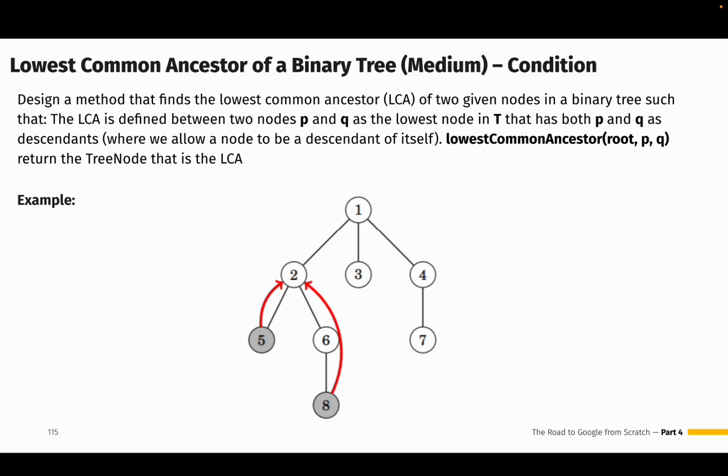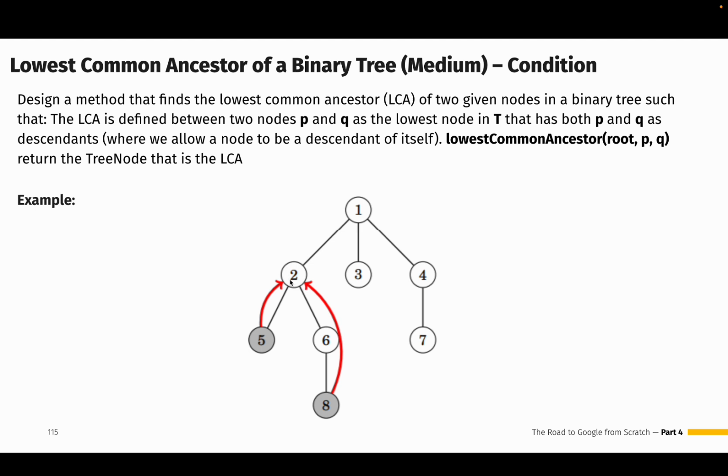So we will need to create a method which will be called, for example, lowest common ancestor, and we will give to this method two arguments, root of our tree, P and Q. Below I have an example. Let's imagine that P is equal to 5 and Q is equal to 8, and their common ancestor in that case will be 2.